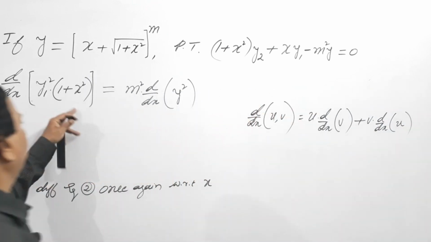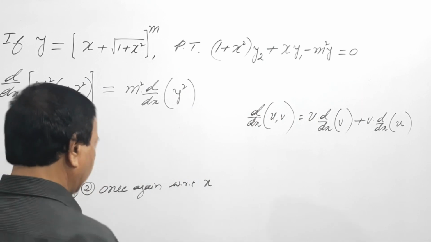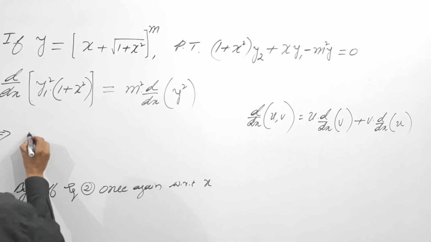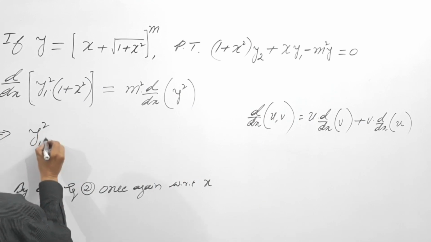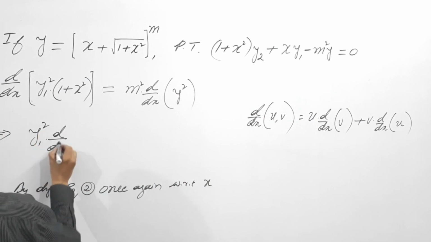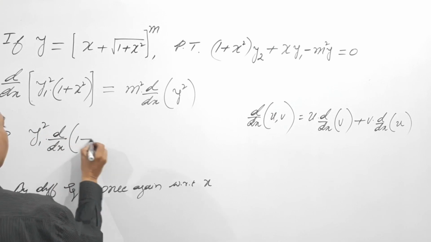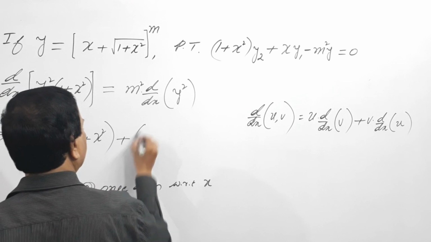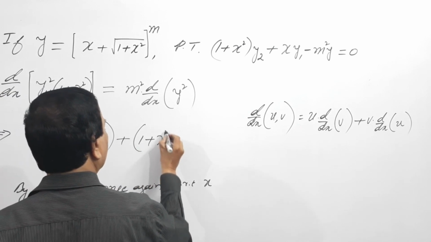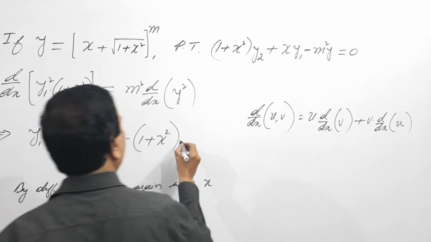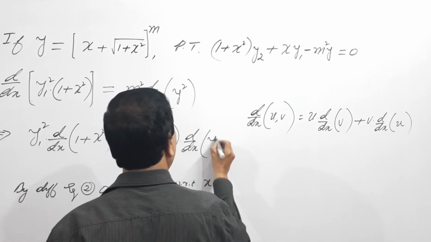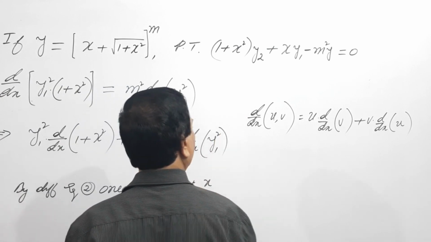So here, that equals y1 square into d by dx of 1 plus x square, plus 1 plus x square into d by dx of y1 square.